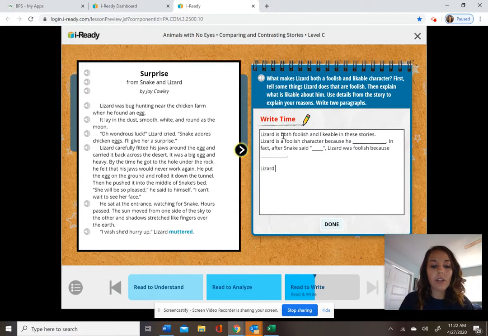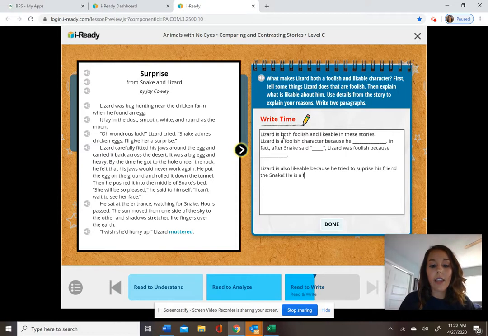And then I would say Lizard is also likable. Likable meaning that he's friendly and that you can like him. Because he, for example, tried to surprise his friend, the snake.